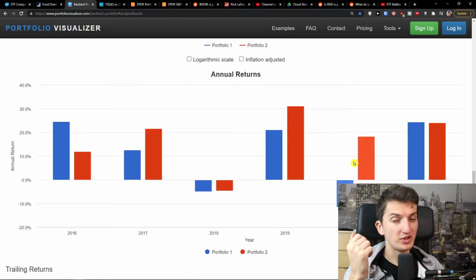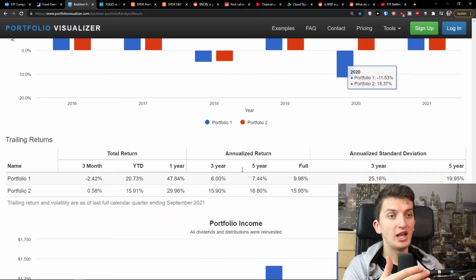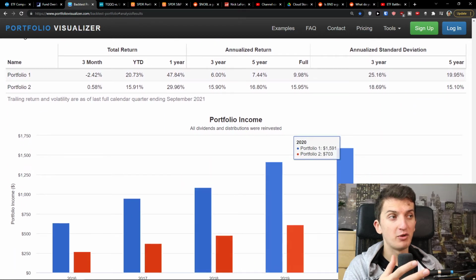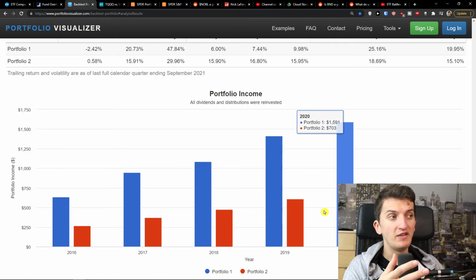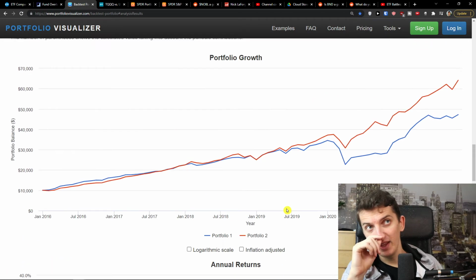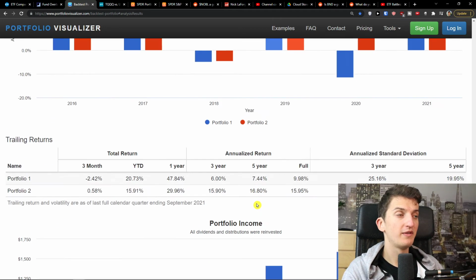In 2020, the performance wasn't that great for SPYD comparing to SPY. And even here, it's similar in 2021. Now, when we look at the portfolio income, of course, you see that the SPYD dividend is huge here. I completely agree, but I don't think that's a good choice to go with if you want to invest with SPYD.